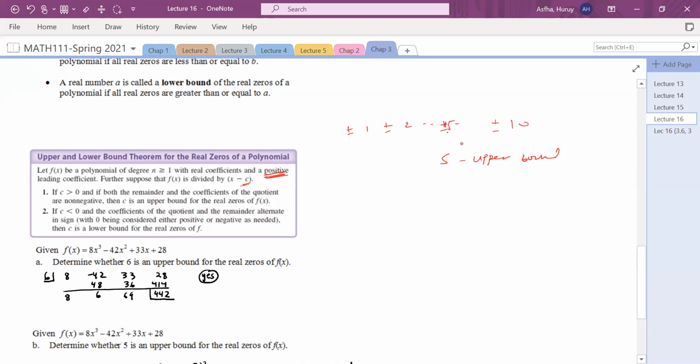So if I know 5 is an upper bound, then I can ignore all this, okay? Because I know the upper bound of the real zeros of this polynomial is 5. Of course, I only omit the positive ones, because we still have the negatives, so we will have the negative 10 on this side. But the positive ones, I will omit.